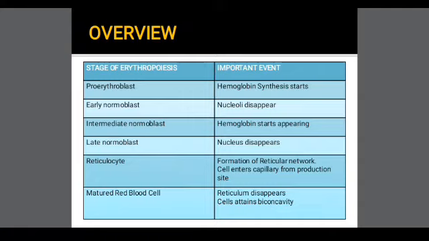Then the reticulocyte stage, with formation of the reticular network, and the cell enters the capillary from the production site. Finally, the matured red blood cell, as the reticular network disappears and the cell attains biconcavity. So those are the stages of erythropoiesis analyzed simply for you.